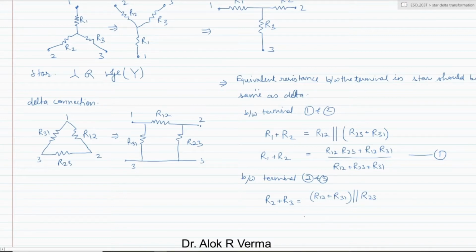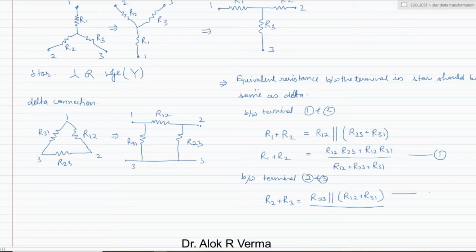Or we can directly write it as R23 in parallel with the combination of R12 plus R31. This is clear.